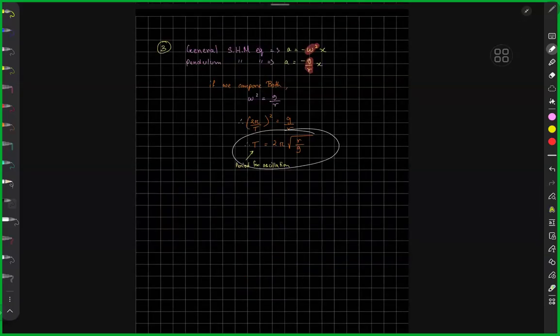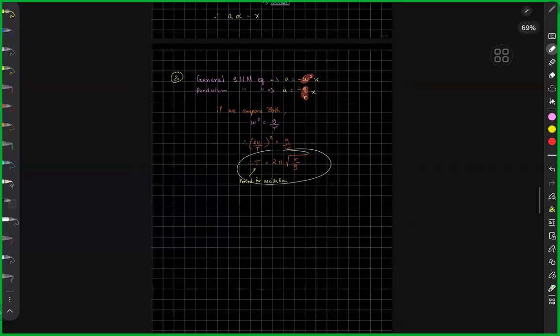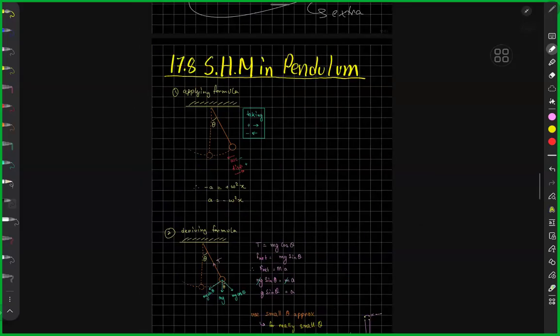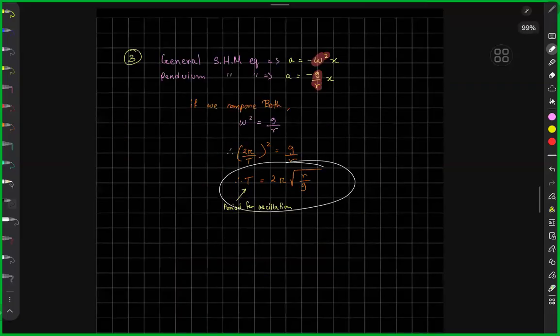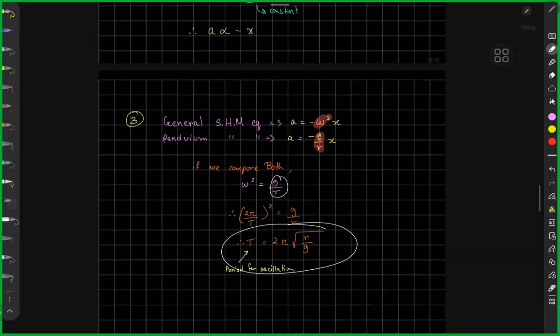You can look at the video and you'll understand what I'm talking about. So basically, we find out the acceleration equation for a pendulum case. That is, acceleration is equal to minus omega square x for oscillation in simple harmonic motion. What you will see is in case of a pendulum, this omega is actually equal to root of g by r.